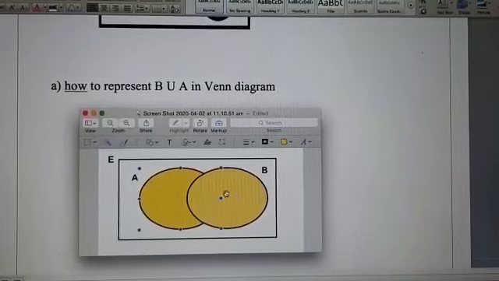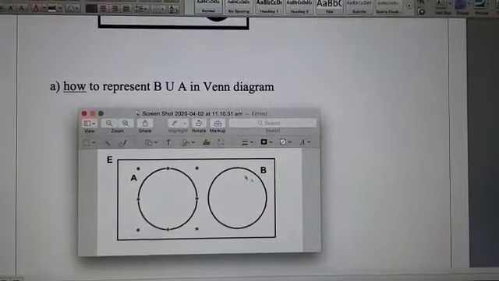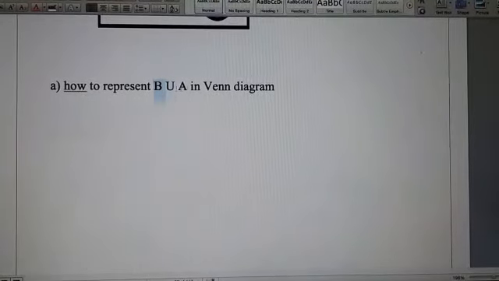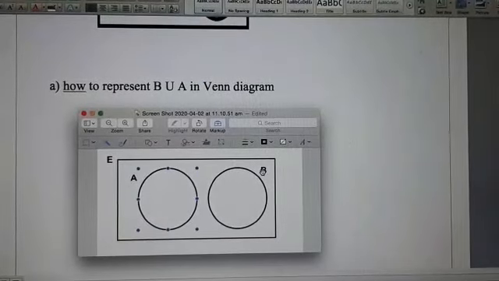Now both B and A are shaded here, so this is the answer for B union A in the Venn diagram.